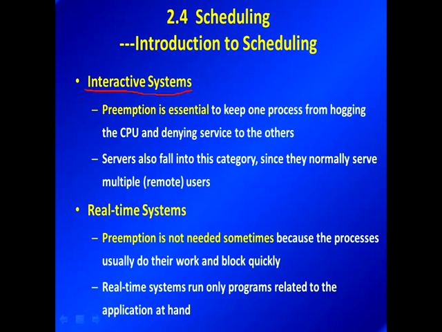So the operating system, the scheduler, has to allow some process relevant to the input to replace the current process in the CPU and get into the CPU to run some instructions to handle those inputs, right?